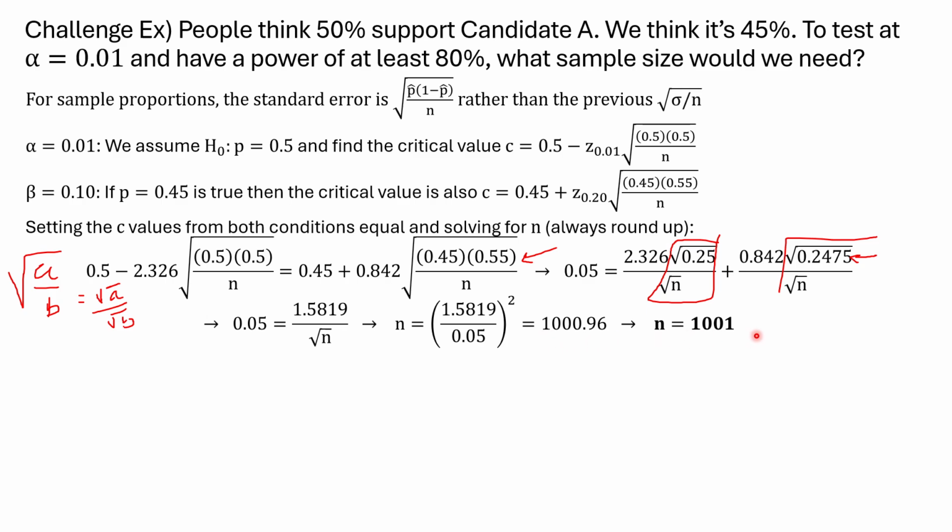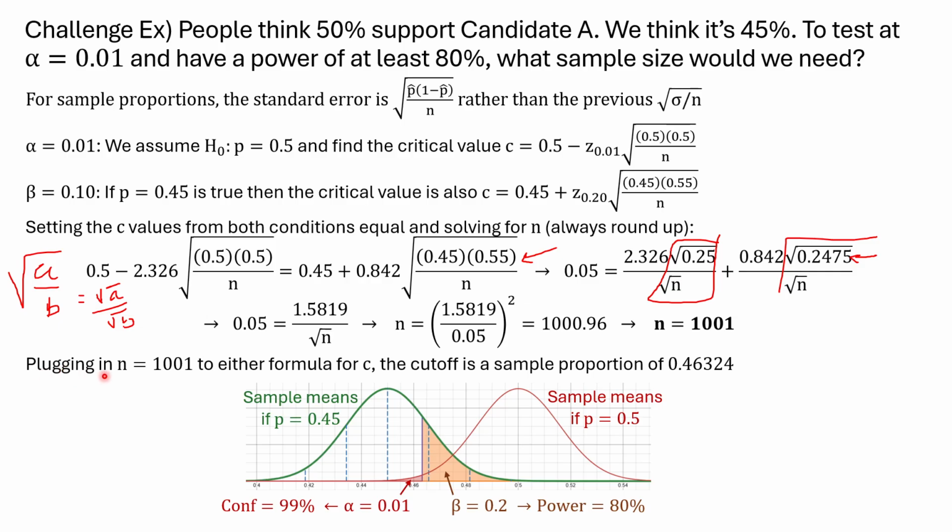Now let's check it all. Plugging in n is 1001 to either formula for C gives us a good estimate for the cutoff. You could plug in this exact value and get the exact cutoff if you'd like. It is a sample proportion of 0.46324.